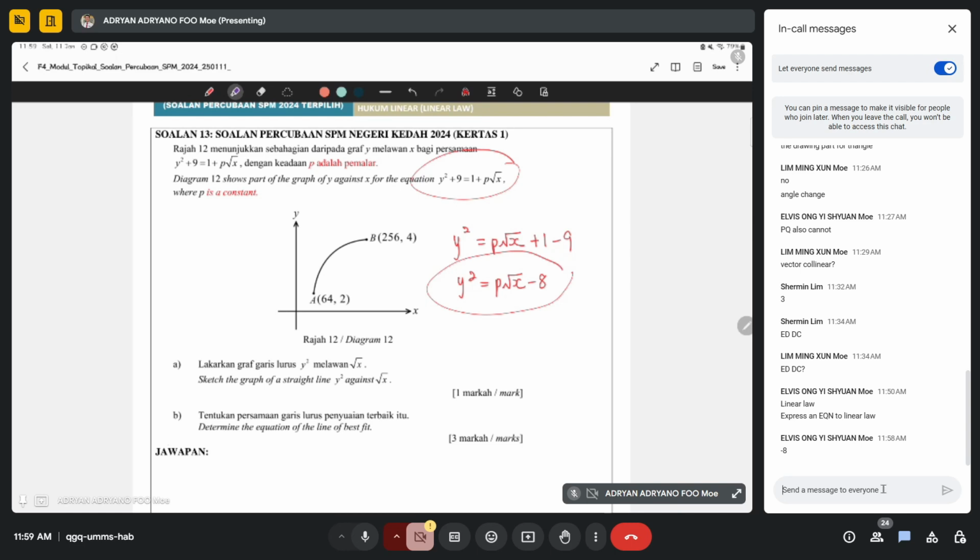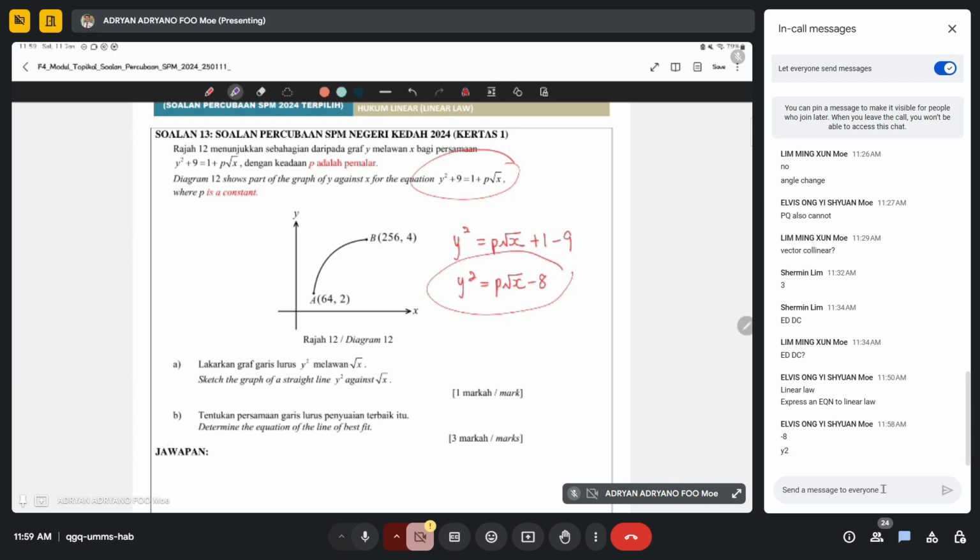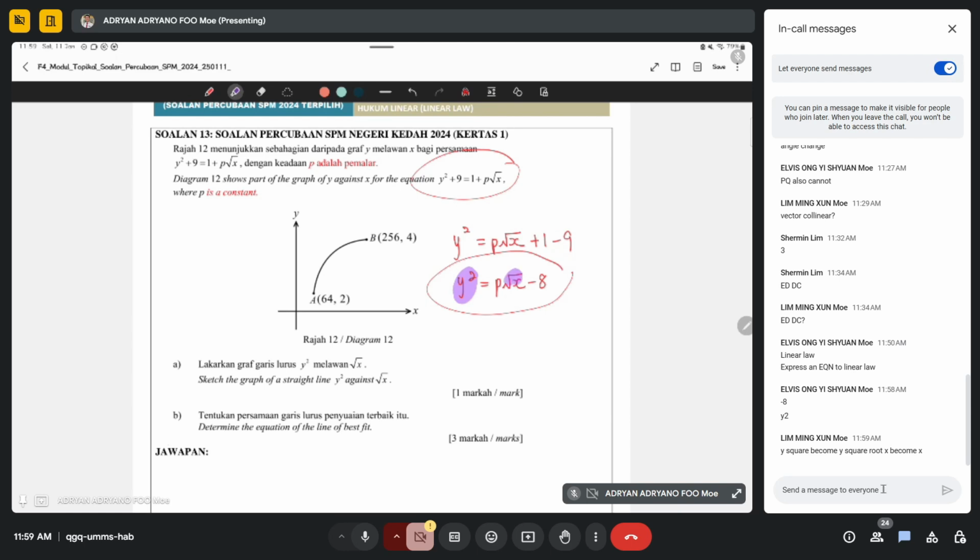Anyone has any idea? Maybe this one will come out in your exam. Yes, y square 还有那个 set x pop 出来了, so p 是你的 gradient, negative 8是你的 y intercept.